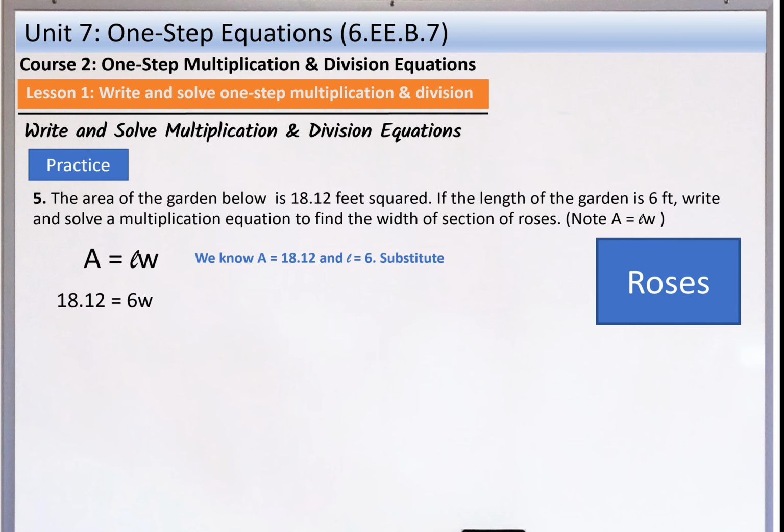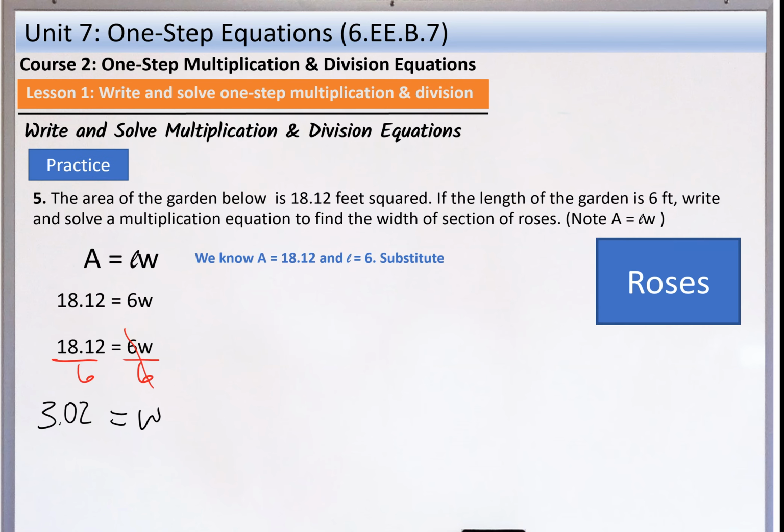18 and 12/100 equals 6, our length, times our width. We have a multiplication equation here. So to solve that, we have to divide both sides by 6. So that means our width is 3 2/100 feet.